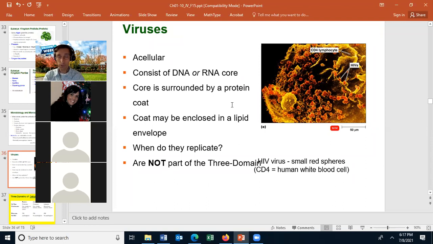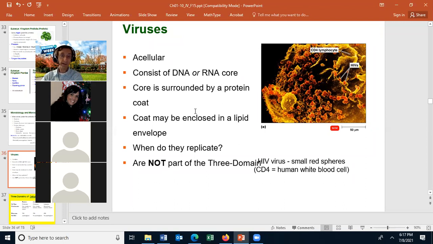And you should know that all other living life forms only have DNA as their genome. Viruses have their genome as the core molecule, and it's surrounded by a protein, and we call that the protein coat. And all viruses have the genome, DNA or RNA, and a protein coat.